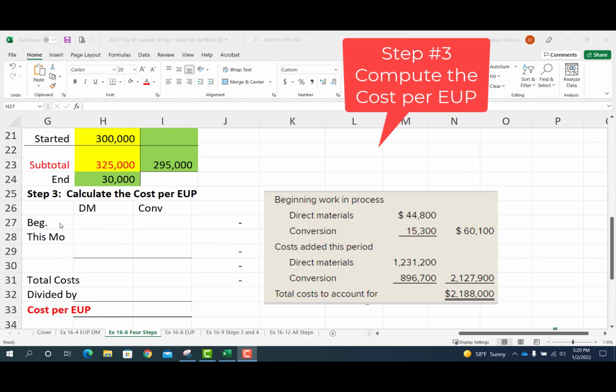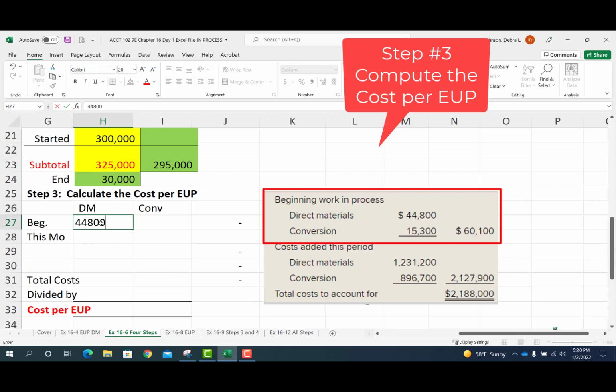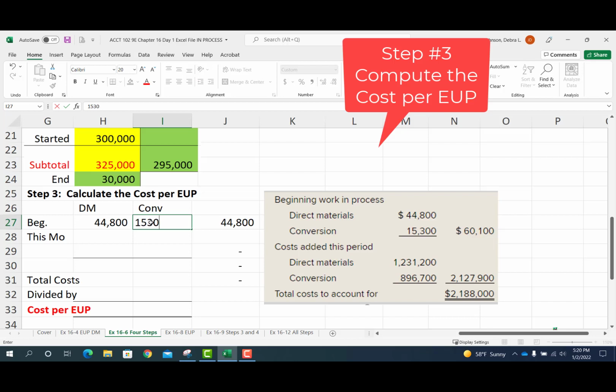This is the first time that we'll bring dollars into the mix. Step 3 is to calculate the cost for one equivalent unit. You'll notice that the author tells us that the units came to us partially completed from the previous month and brought along with it 44,800 of material costs, 15,300 of conversion costs.